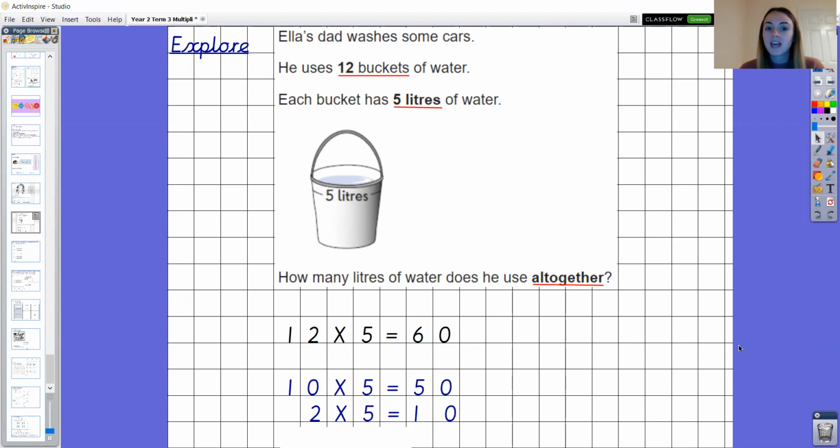Say it together. Ella's dad uses 60 litres of water altogether. Brilliant. And that's how we would expect to answer in our books as well, by writing your answer in a full sentence once you've written the multiplication and shown your workings out, whether that is drawing an array or using the facts you already know.